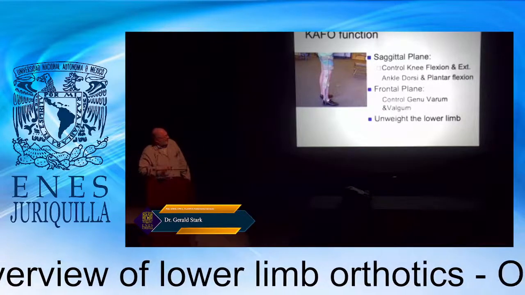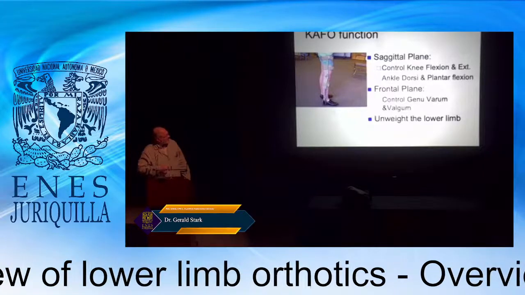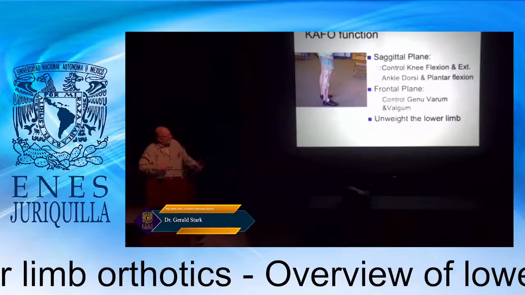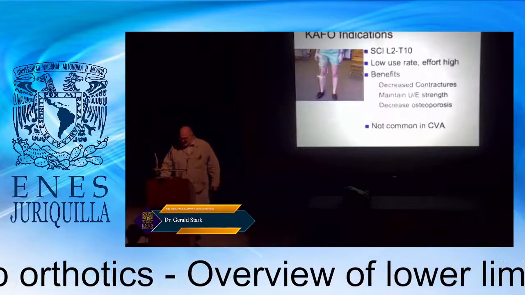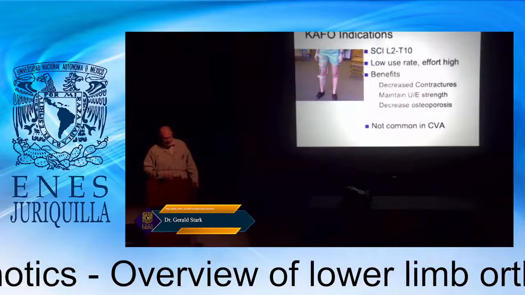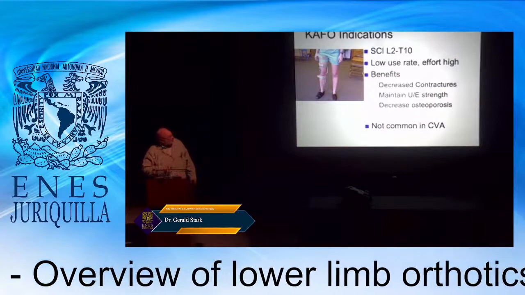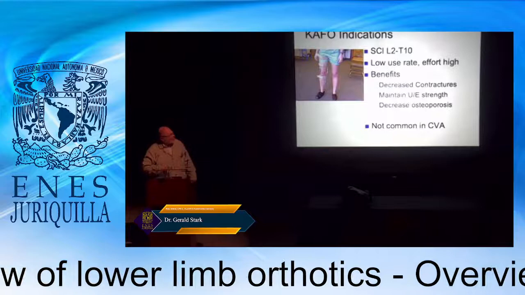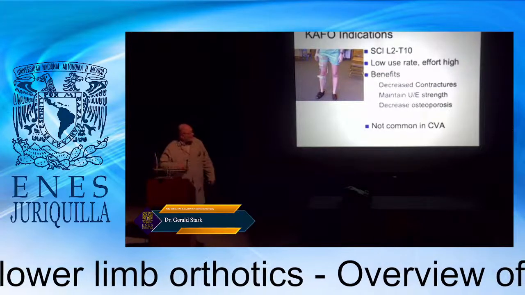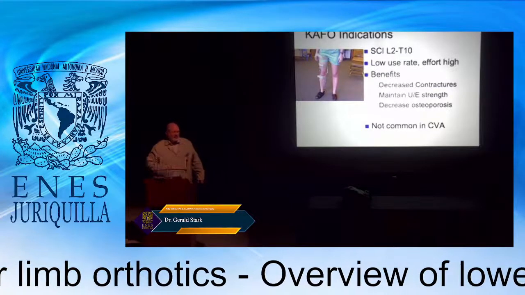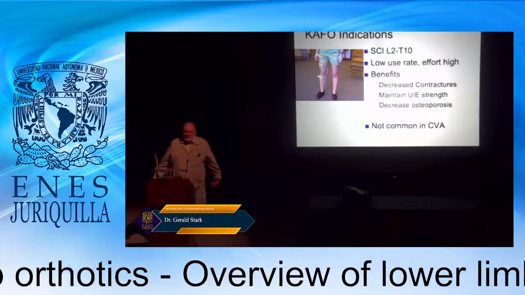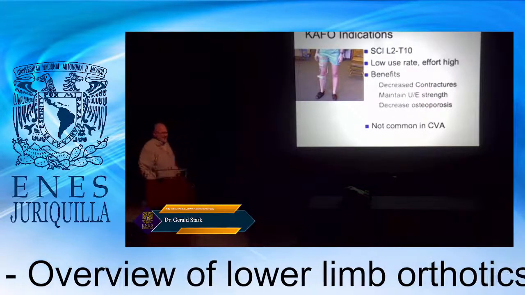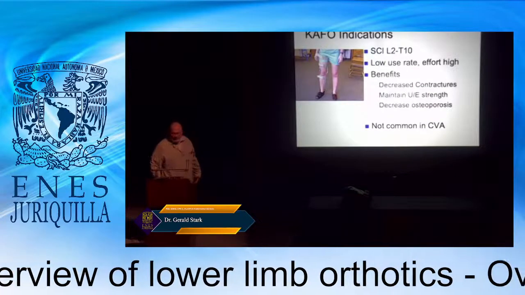So finally, we've gotten to KAFO design. And the main goals are to control the knee flexion and extension, the ankle dorsiflexion and plantarflexion, and then genu varum or valgum. So the indications usually are any spinal cord injury from L2 to T10. We're looking for the benefits of decreased contractures and upper limb strength. But basically, we're not really allowing knee movement, right? We're locking the knee into position so that it doesn't have that degree of freedom.